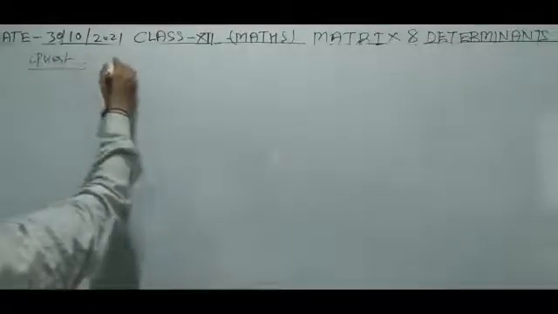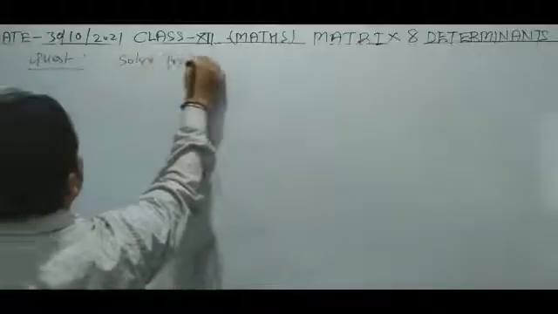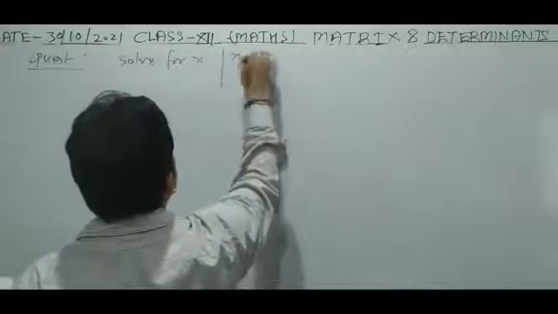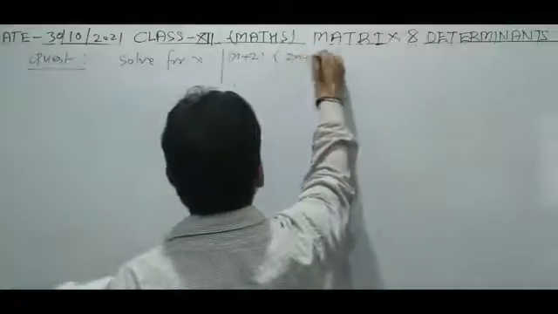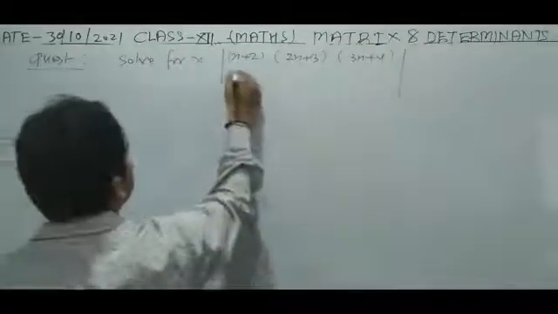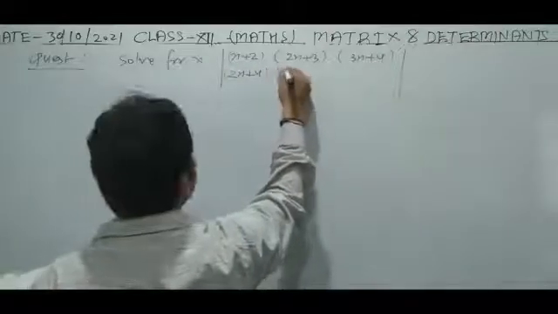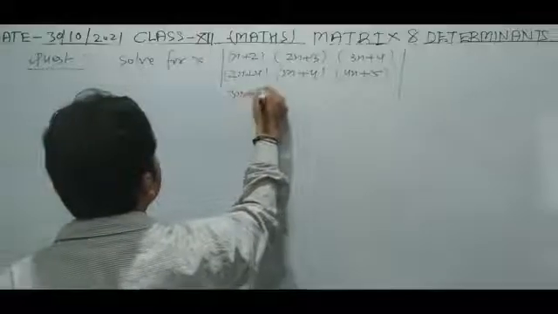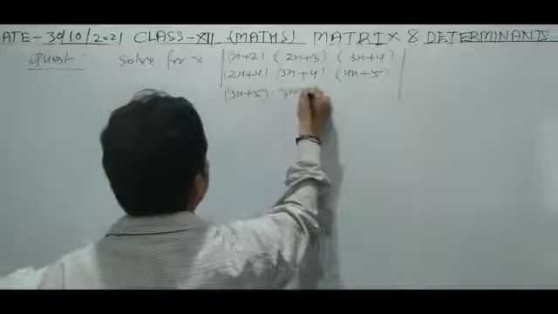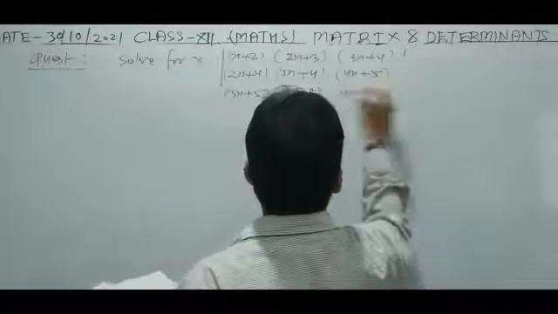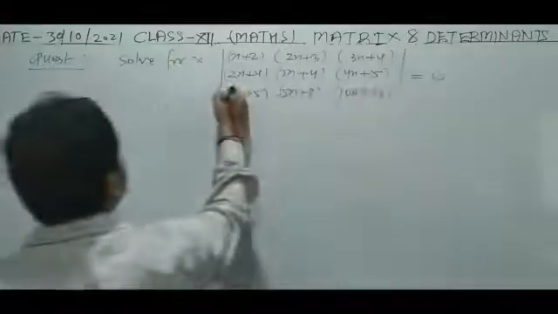The matrix is determinant x plus 2, next is 2x plus 3, next is 3x plus 4, and now 2x plus 4, 3x plus 4, and now 4x plus 5, and now 3x plus 5, now 5x plus 8, now 10x plus 17. This we have to solve and find the values of x.